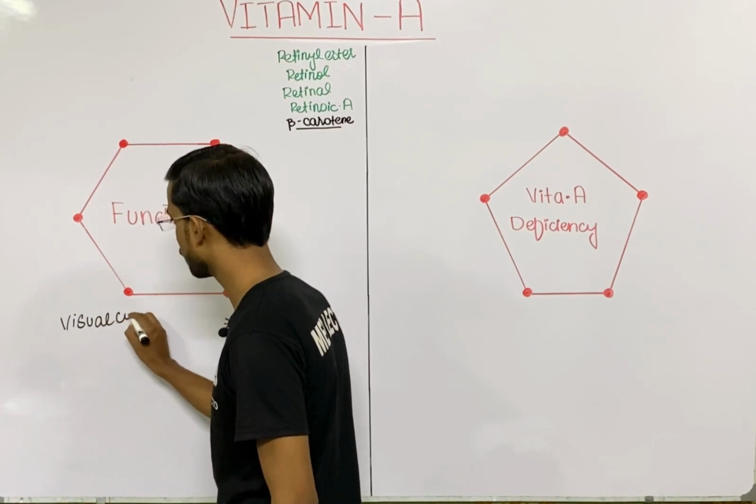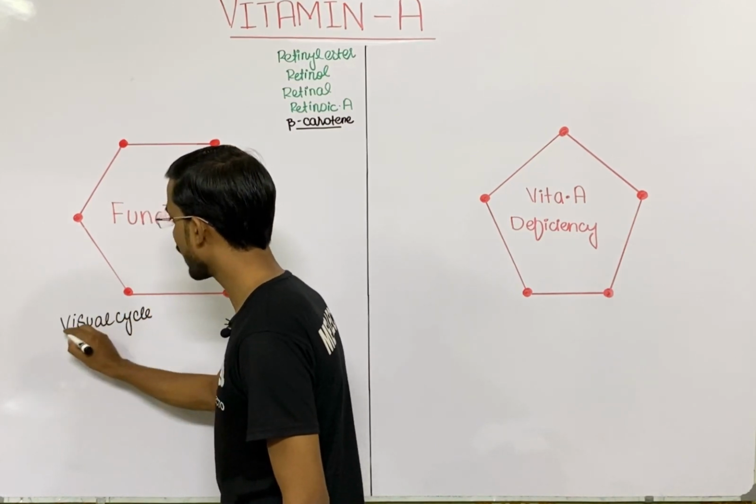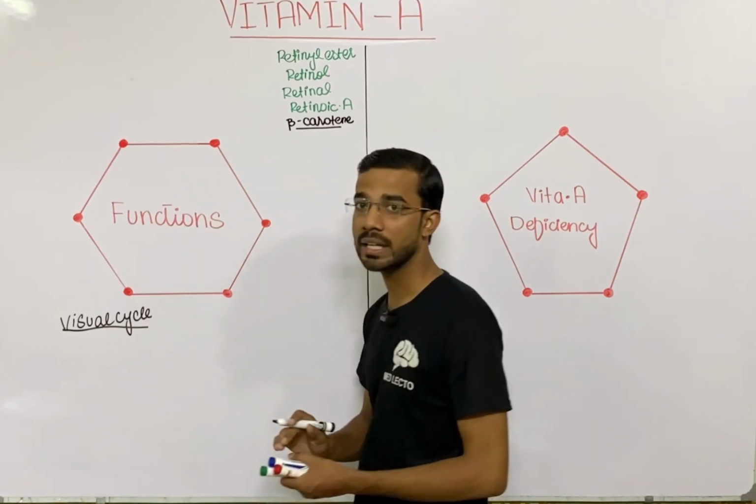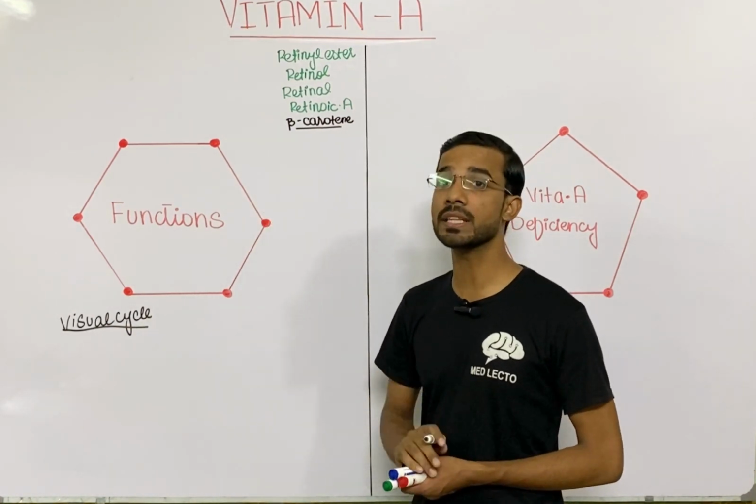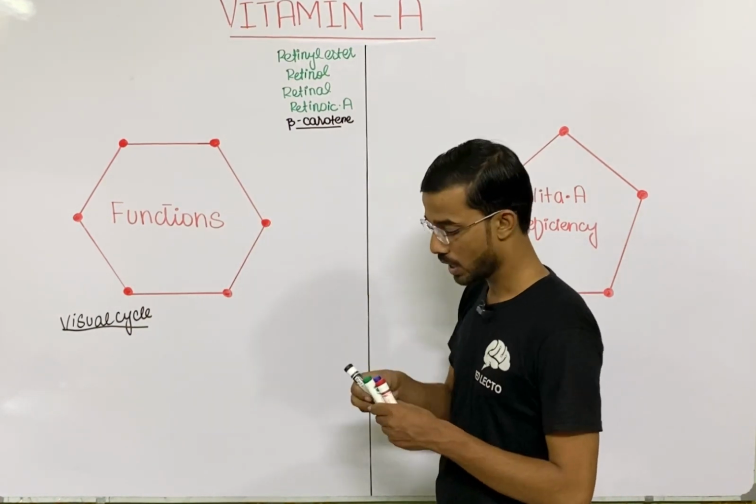Visual cycle. So actually, vitamin A is very important in vision, specifically in dim light. How?